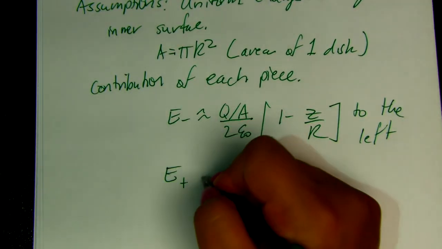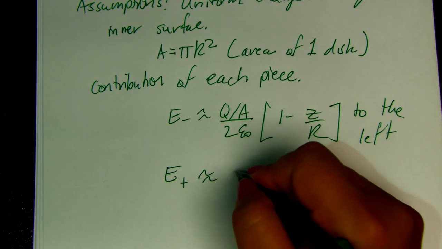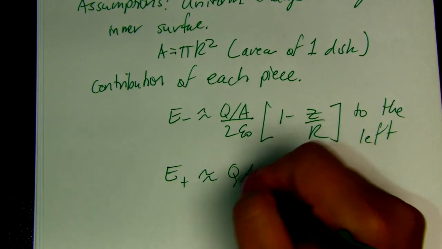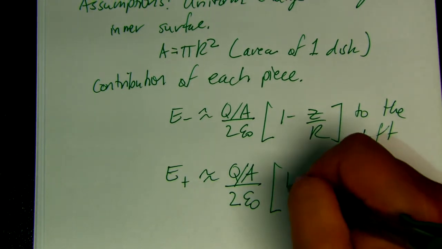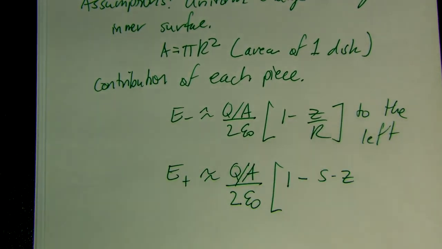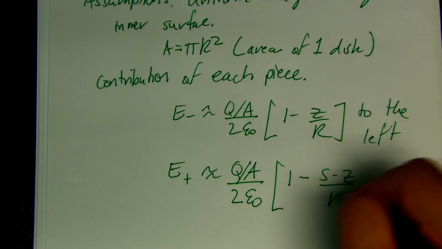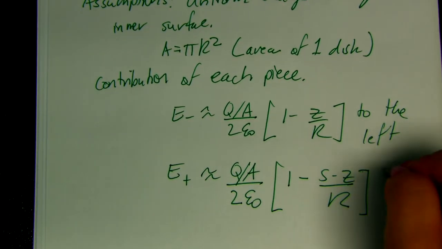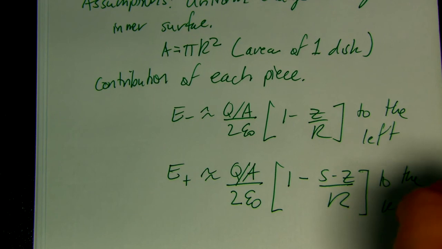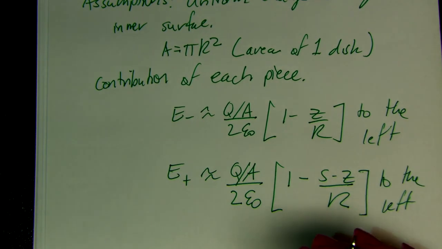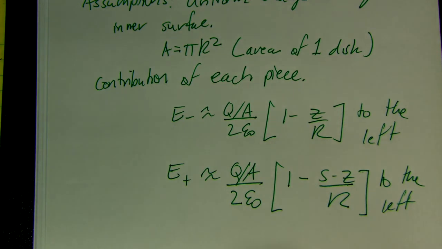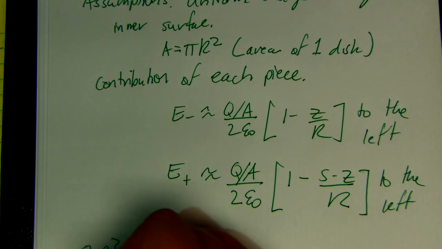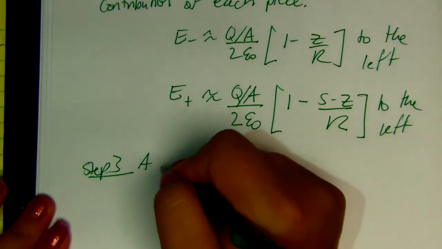And for E plus, it's going to be Q over A divided by 2 epsilon naught, 1 minus S minus Z over R, also to the left. Okay, so now that we've got our fields for our two pieces, let's go ahead and add them up. This is not an integral, so everybody can do this.